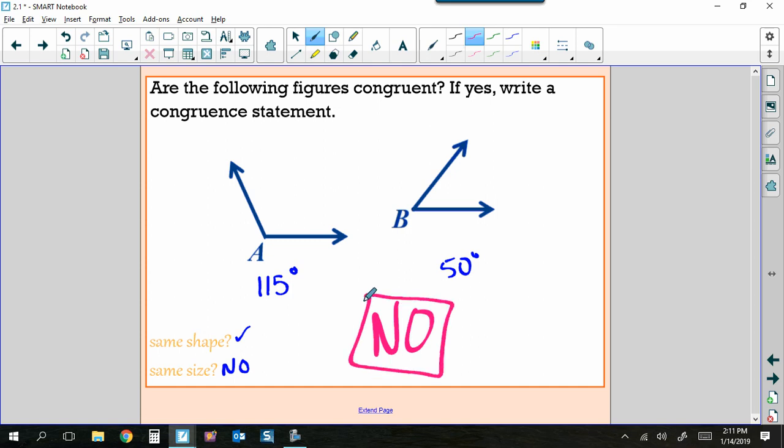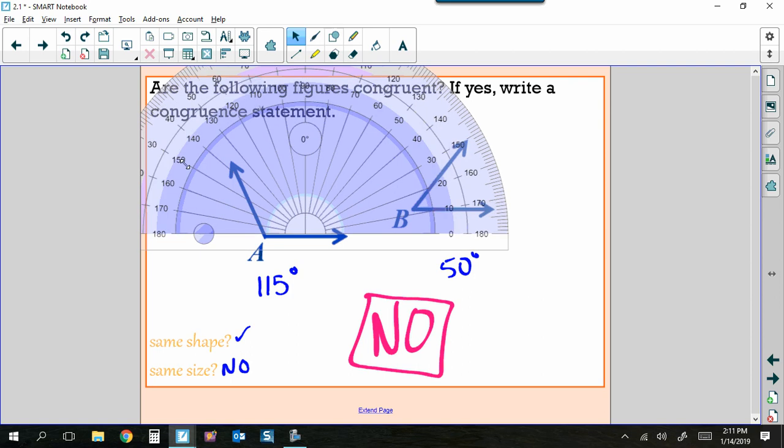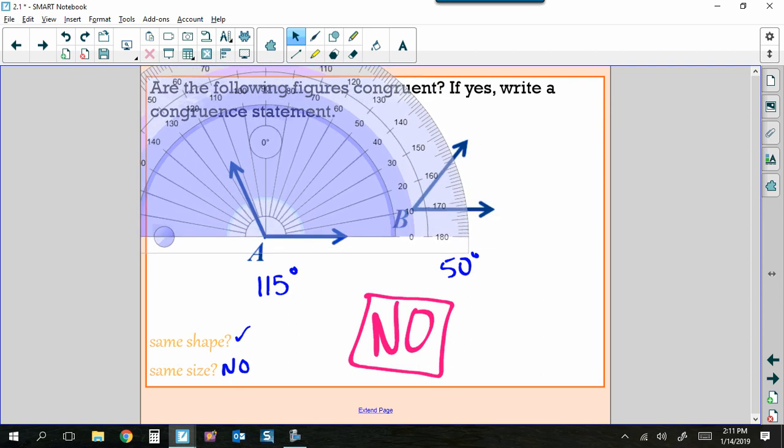If on yours you are having difficulty measuring the angles with your protractor, remember that you can always extend the rays to be long enough so that you can use your protractor. So you need to extend this out like that. What she means is if you're looking at it with your protractor and you have something like this, which I suspect many of you will, you can see that my angle's ending here, yet the degrees are way up here.